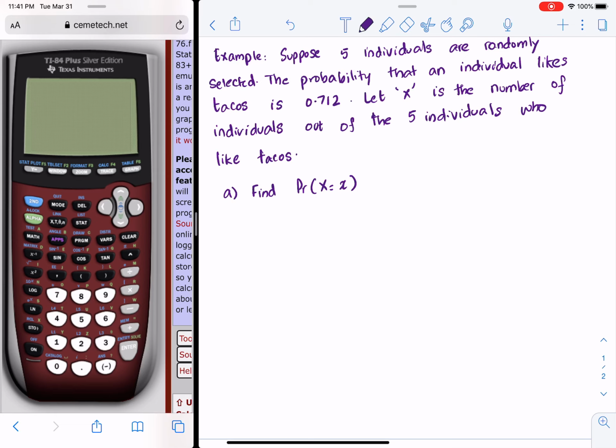So the possible values for X are 0, 1, 2, 3, 4, and 5. In other words, none of the 5 individuals like tacos, exactly 1 of them likes tacos, exactly 2 out of those 5 like tacos, exactly 3 out of 5 like tacos, and so forth.